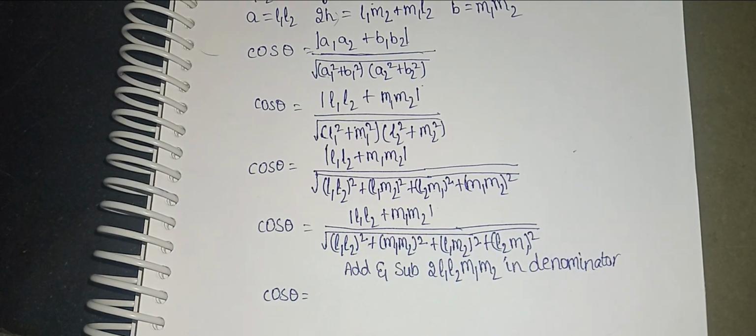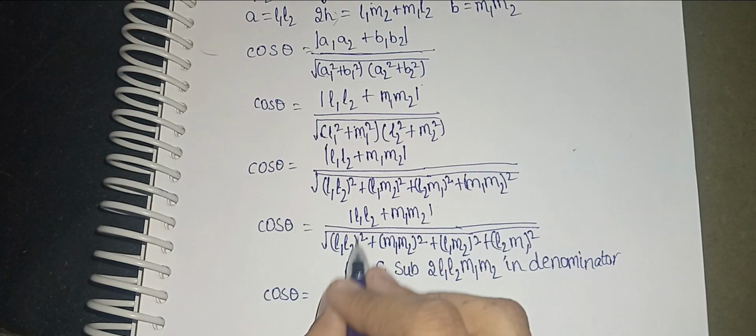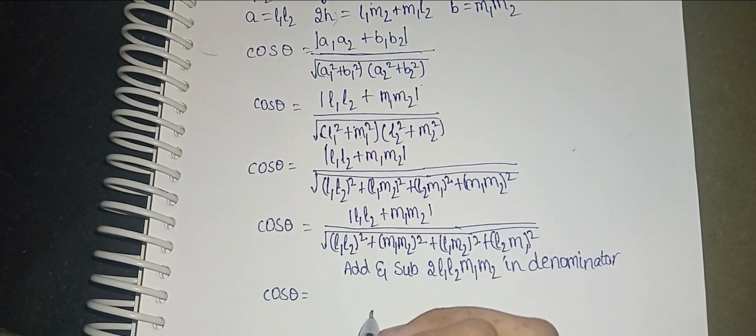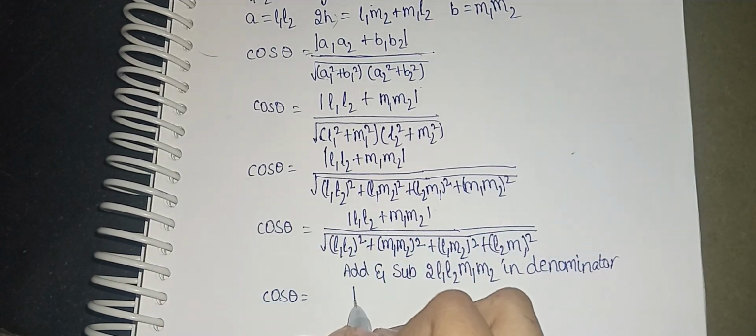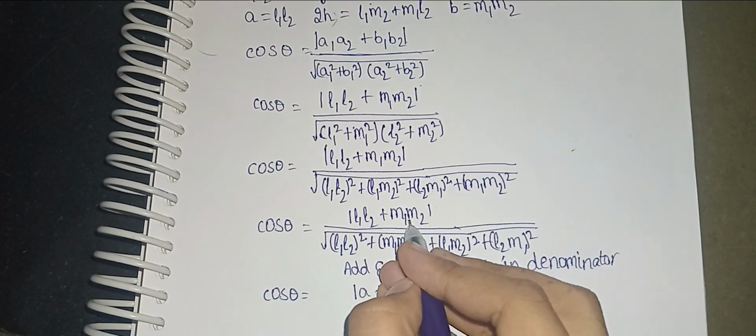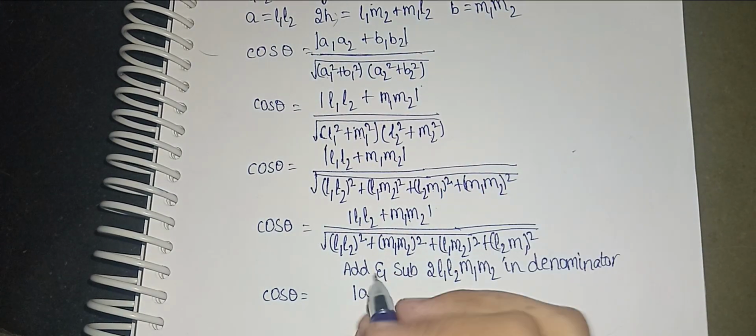By adding and subtracting, we'll get the answer. Here L1 L2 is equal to a, and M1 M2 is b.